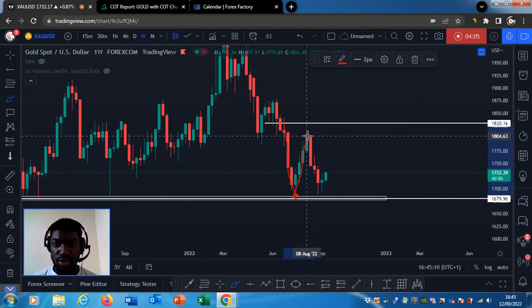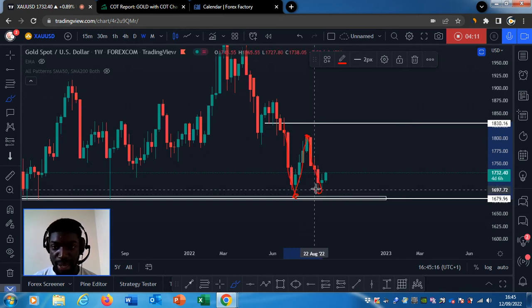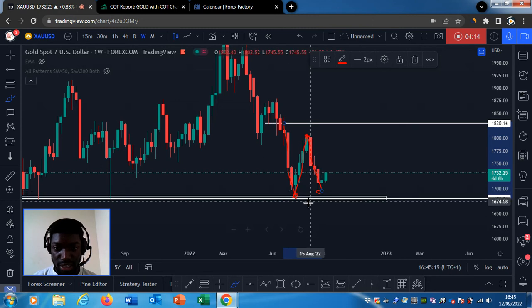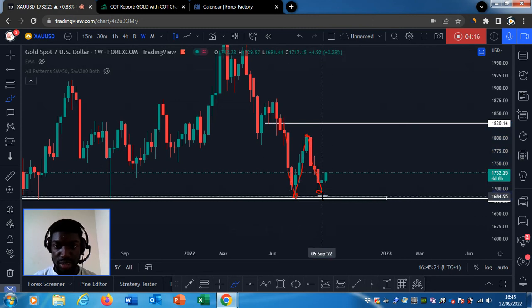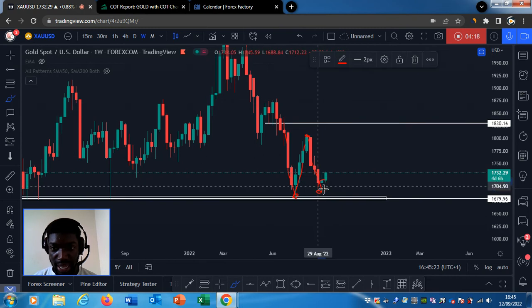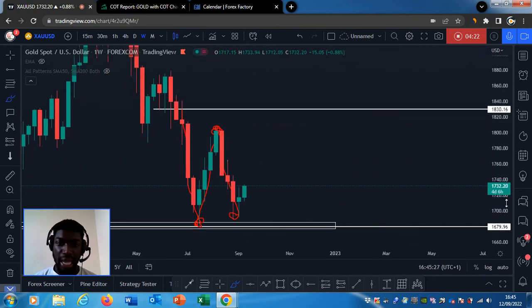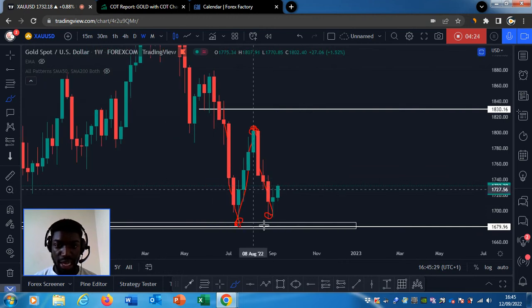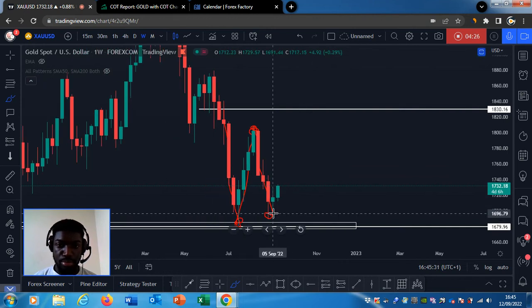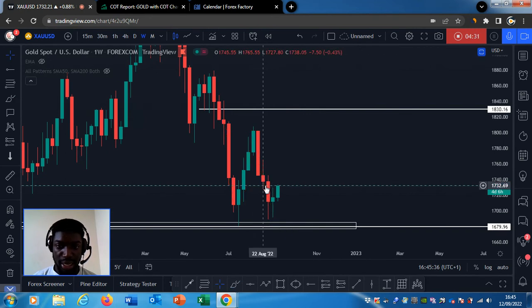However, due to news about the US economy getting better, price sharply declined back to the support zone, failed to even touch the support, and shied away, creating a CHoCH candle, a change of character candle, meaning that buyers are taking control of the weekly market.